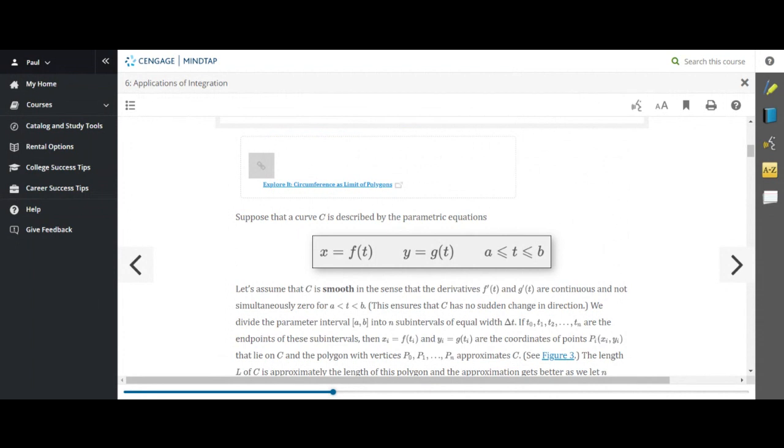Now, for a circle, what would the parametric equations be? Do you remember from your pre-calculus days? What would x equal? What would y equal? What functions of t would trace out a circle?